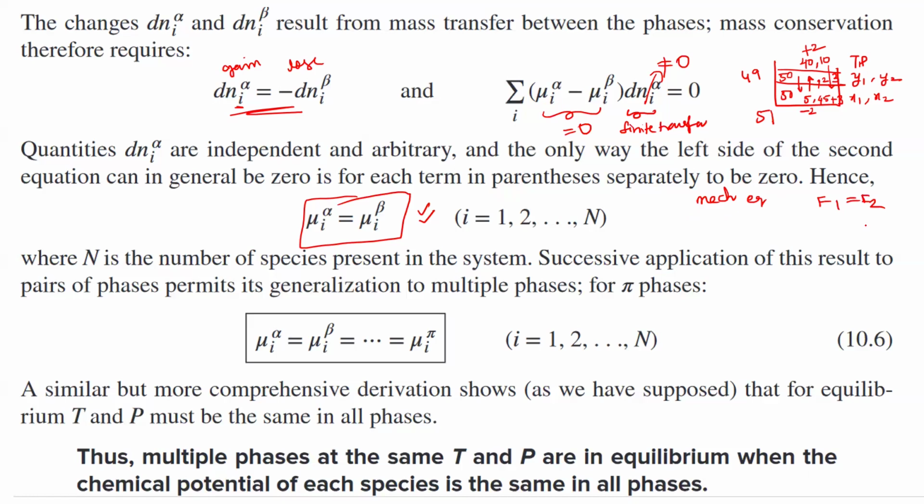Please note that it is force balance we do. And for thermal equilibrium, we do T1 equals T2. Similarly, chemical equilibrium is mu1 equal to mu2. It's not concentrations equal, chemical equilibrium is potentials are equal.